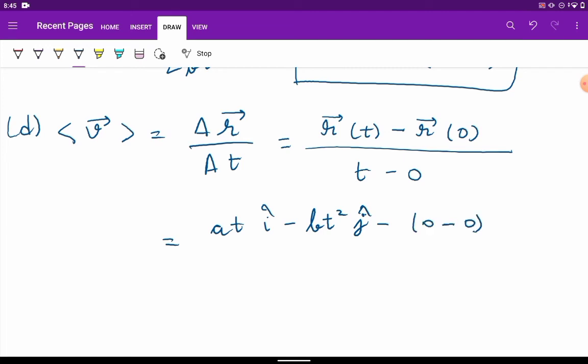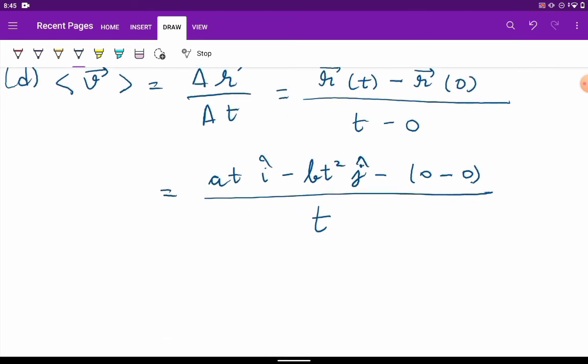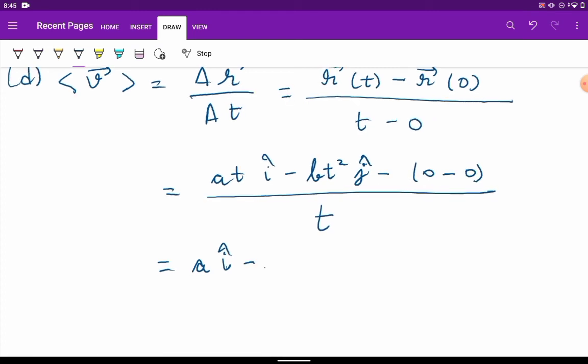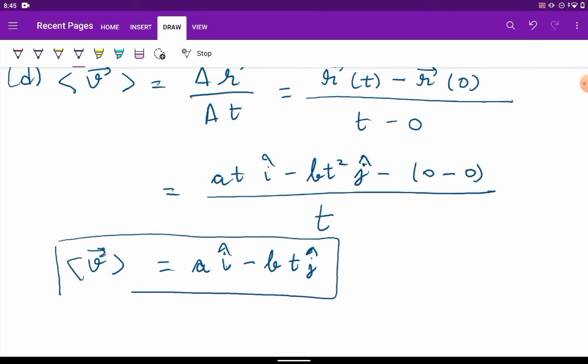This is anyways 0, the second part. The first part, we just divide by t, and it becomes a i cap minus b t j cap. This is your average velocity vector. Done with this.